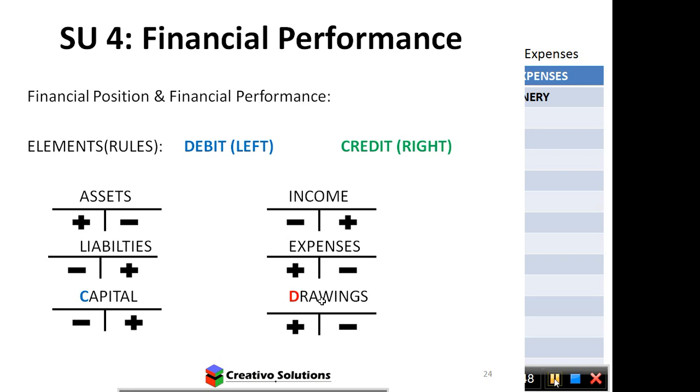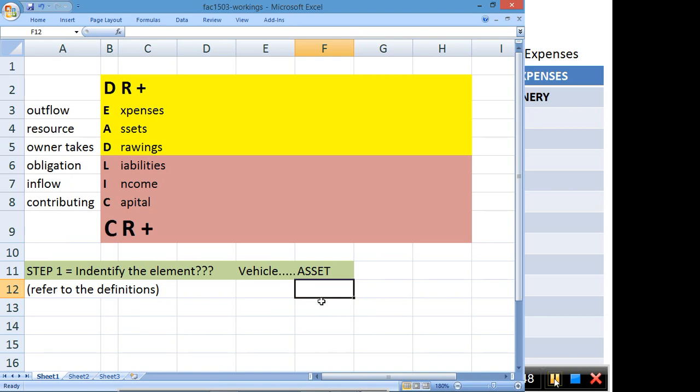This one page is everything when it comes to application. The better you know this, the easier accounting is. So the first step is to identify what something is. Do I know what a vehicle is? It's an asset because it meets the definition.